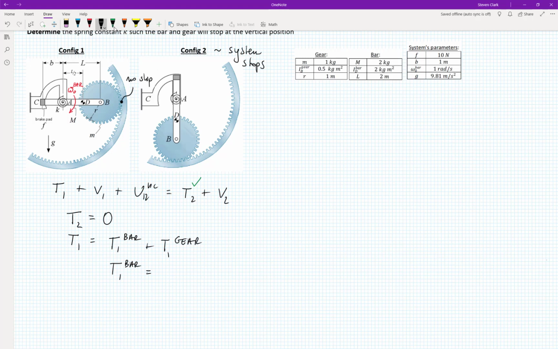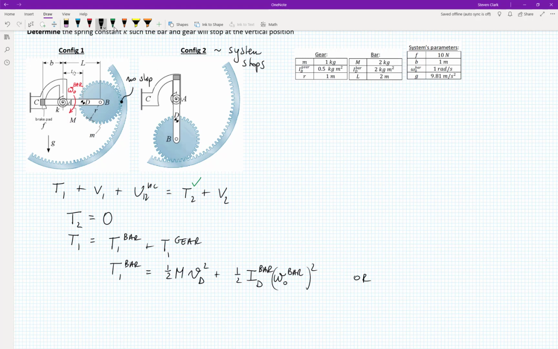In here we will have 1/2 big M V_D squared plus 1/2 I_D bar omega_0 bar squared. Okay, can we calculate it right away?